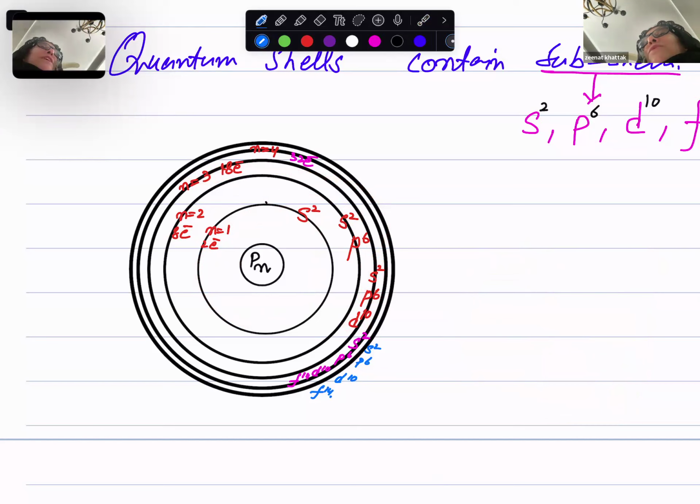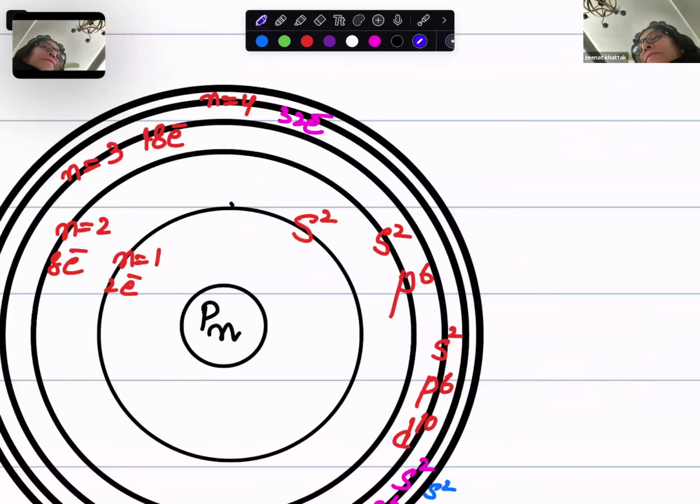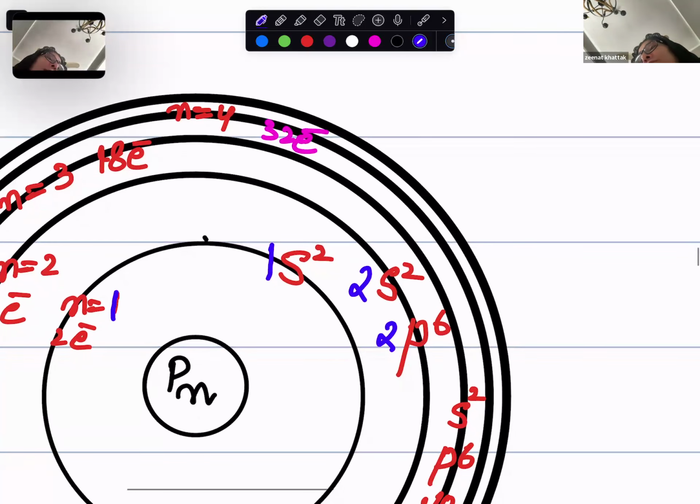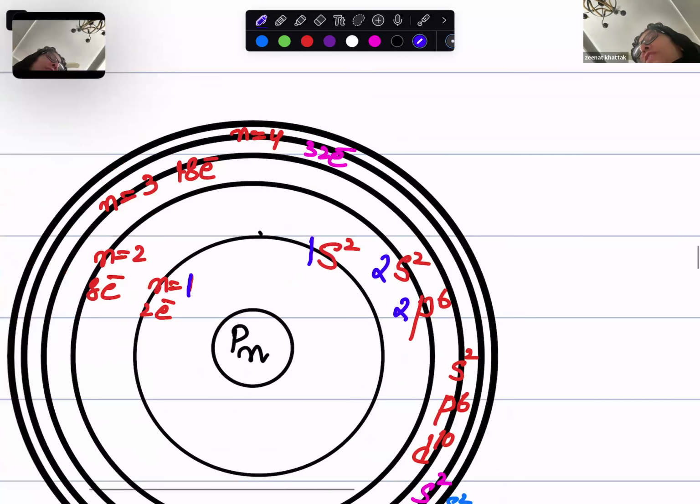Now, next point that I want to make clear is this is s of the first. So what will you call it? 1s. This is s of the second, so 2s and 2p. This is s and p and d of the third.